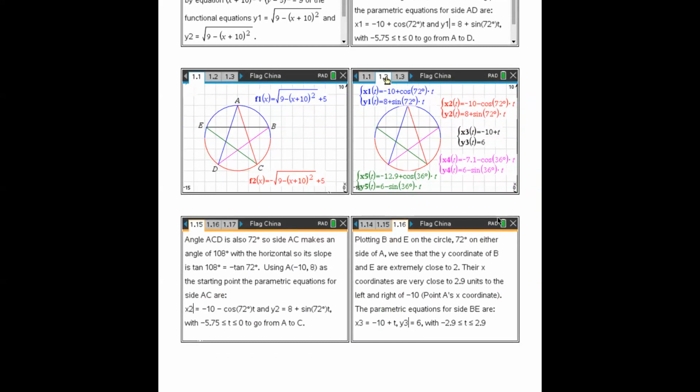So these two slides go into the details of finding the equations for the sides of the stars. It's done in a fairly consistent way, except for the one horizontal piece, which is special. You're using the angle of elevation or angle of depression, and the fact that the slope is the tangent of that angle, so that the x expression has the cosine in it, and the y expression has a sine, and sine over cosine gives you tangent, which represents the slope.